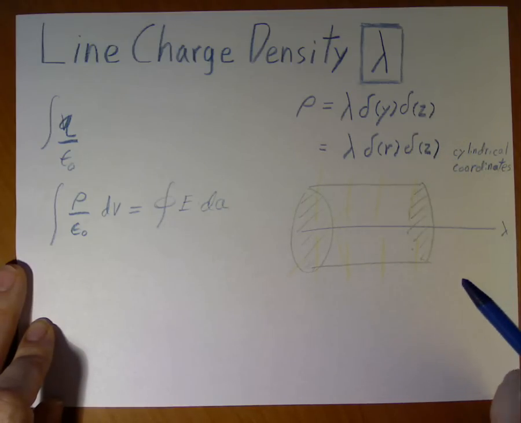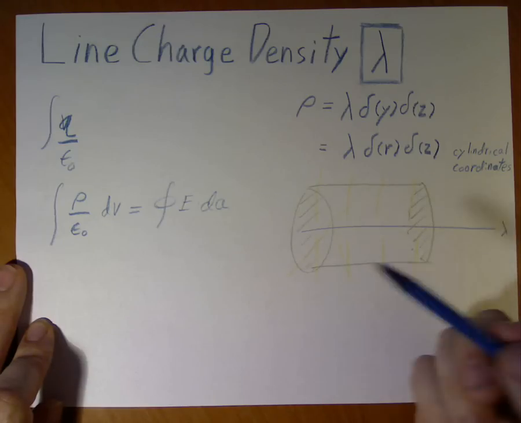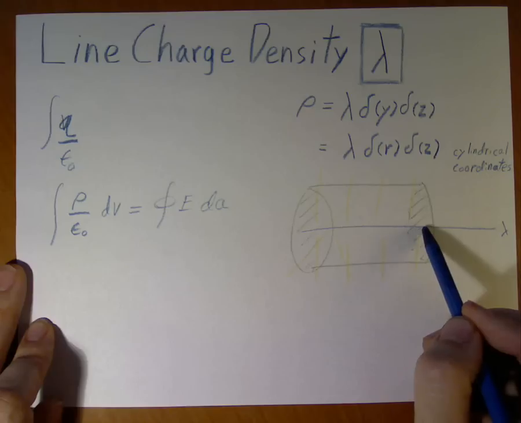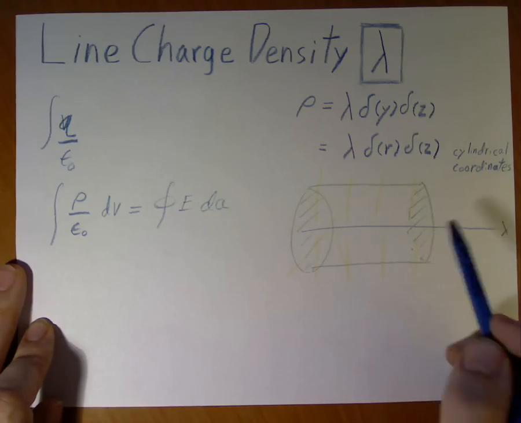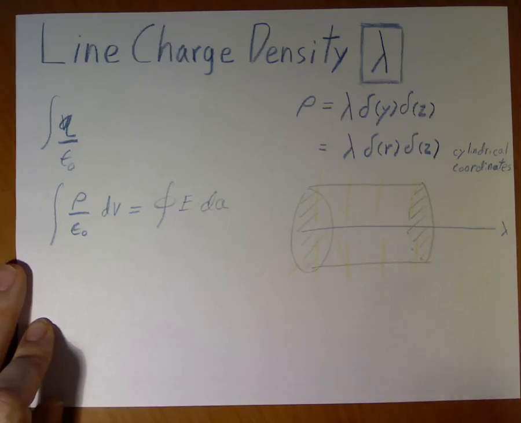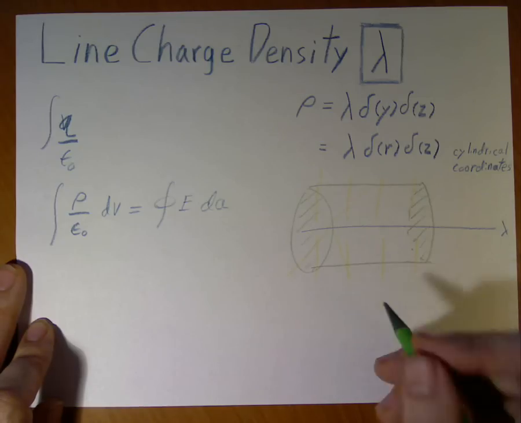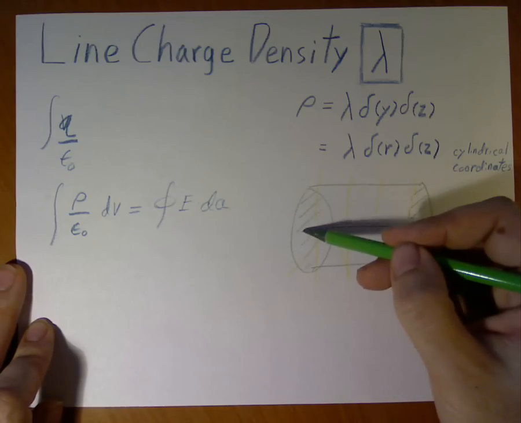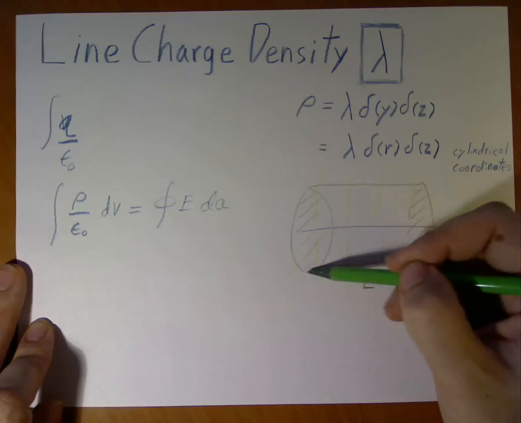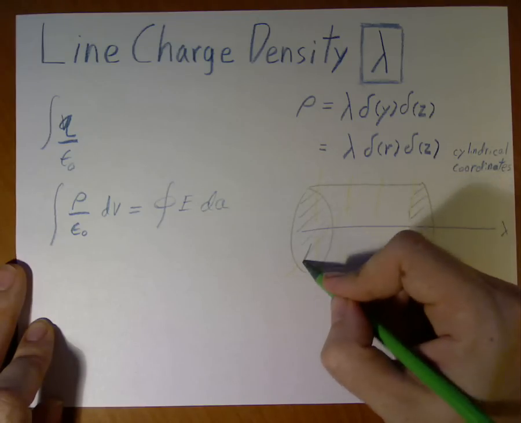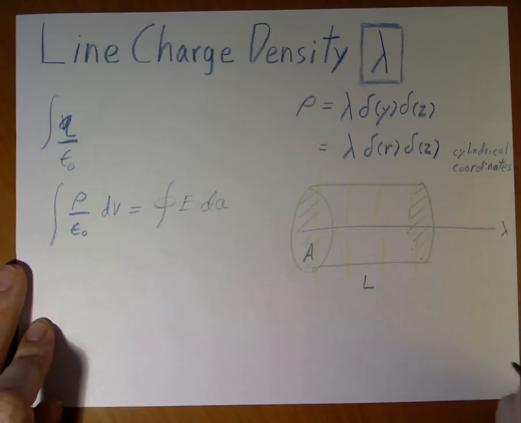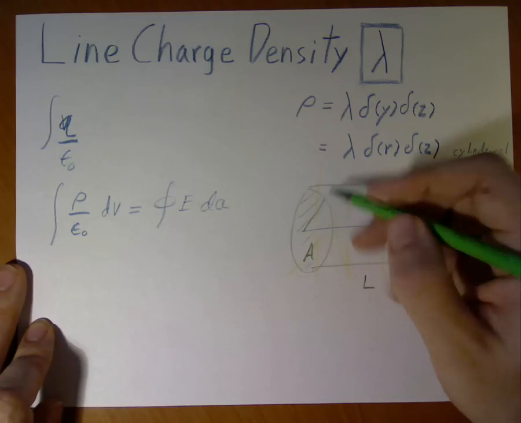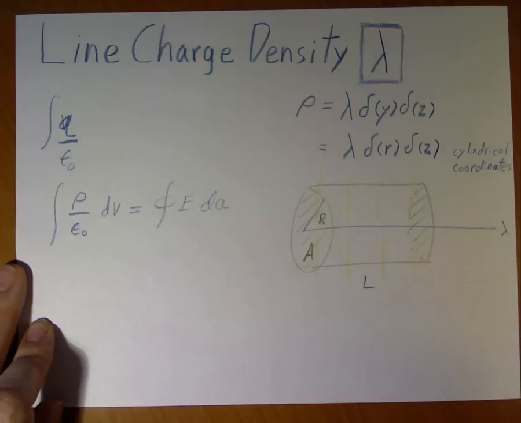However, we can also look at this and say that the amount of charge in here is our charge density times the length. So we're going to say we have a Gaussian surface of a length L, with some area here, which I'll simply call A, with a radius r.